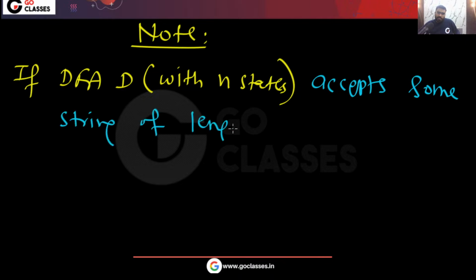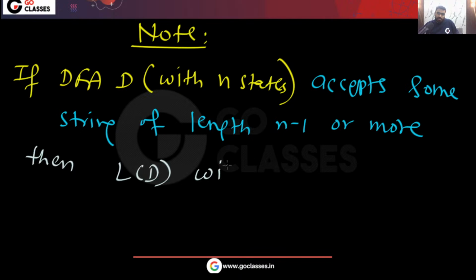Is this clear? So you can see, if DFA D accepts some string of length n minus 1 or more, then language will be infinite.